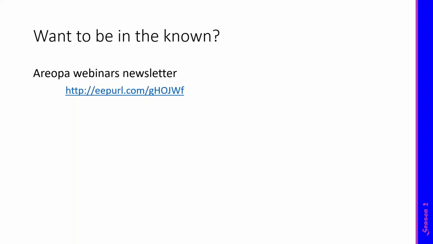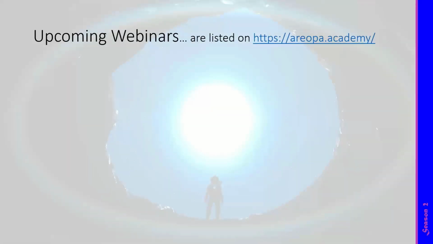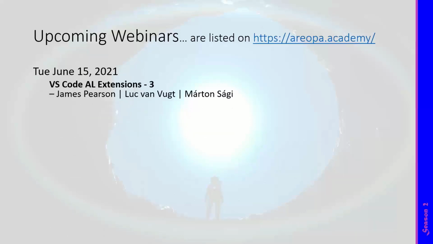I'm working on a new session that is more or less related to this. In the next, next week we don't have any session. Normally we have this bi-weekly rhythm, but now with the VS Code AL extension, we have a somewhat weekly, bi-weekly rhythm. On June 15th, the next session will be with James Pearson, Martin Sagi, and me.